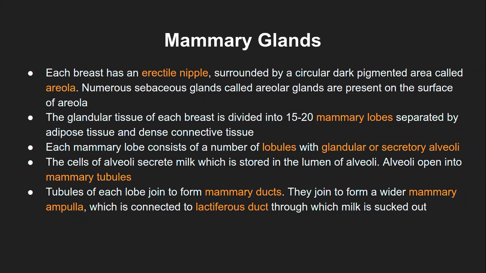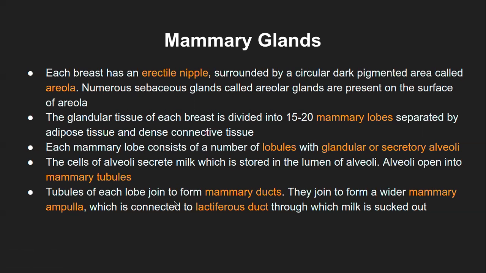Alveoli simply refers to a porous structure, and that is why in the breast we also have this glandular alveoli structure. The cells of the alveoli secrete milk, which is stored in the lumen of the alveoli. Again, lumen means the internal part of a tube. So the milk secreted by the cells of the alveoli is stored in the lumen of the alveoli, which further opens into the mammary tubules.